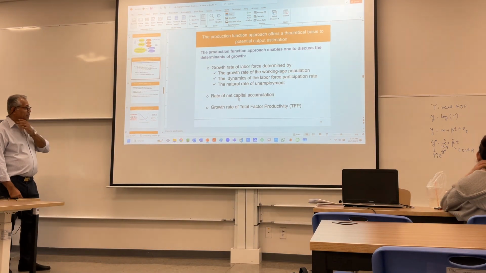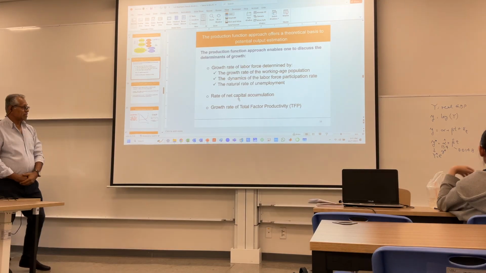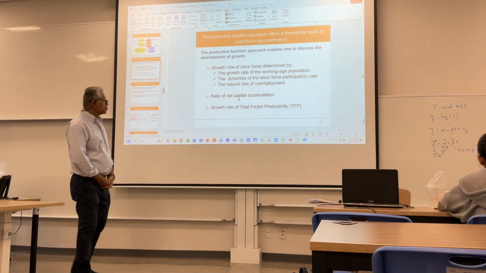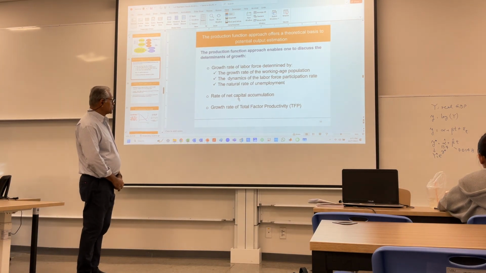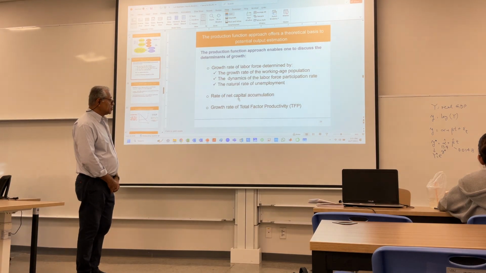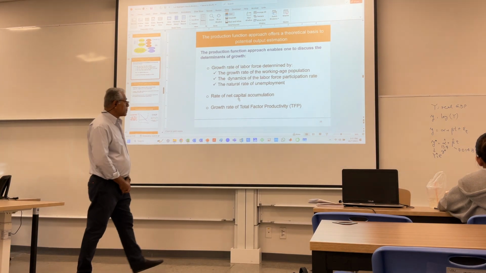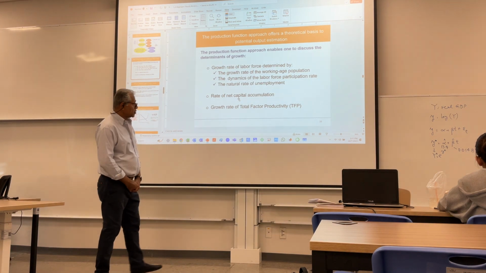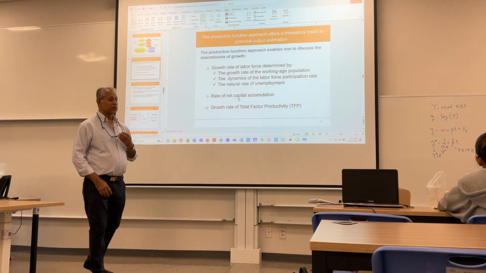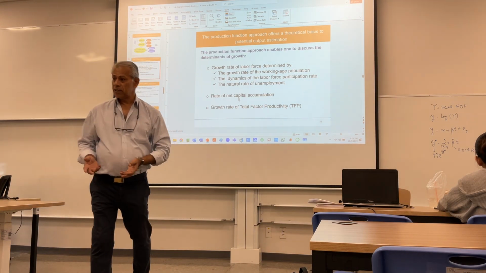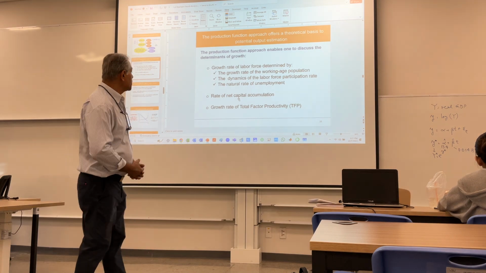So here we have some theoretical basis for potential growth, in which the production function allows us to determine how output is growing over time. Obviously, if the population in the economy is growing, the number of people entering the labor force is growing, so the size of the labor force is growing.